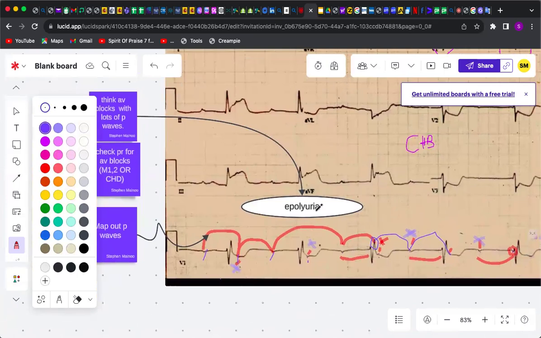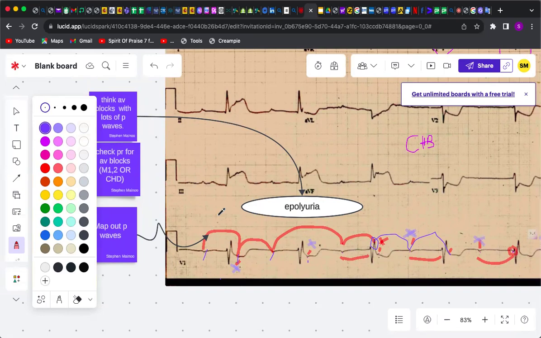So what comes to mind whenever you have such a situation? Whenever you have such a case, you first have to think about the AV blocks. So check the PR intervals for your AV blocks. And we know the AV blocks: the first degree, the second degree, which has Mobitz 1 and Mobitz 2, and then we have the third degree, which is the what? Complete heart block, right?